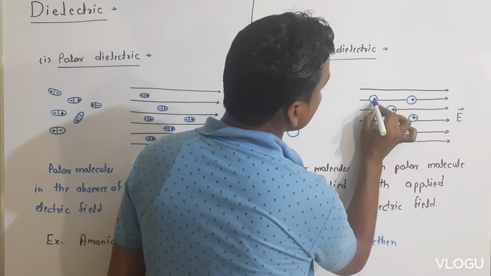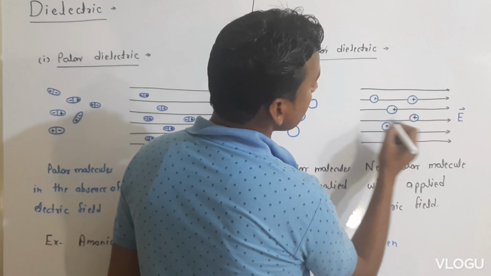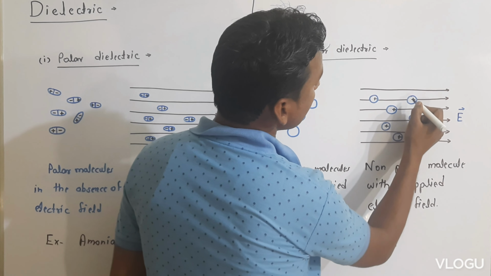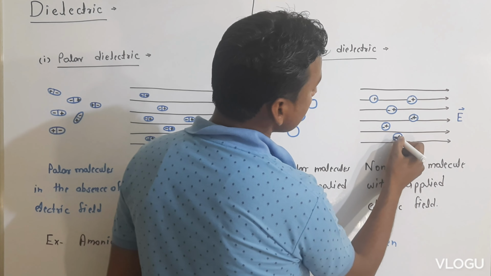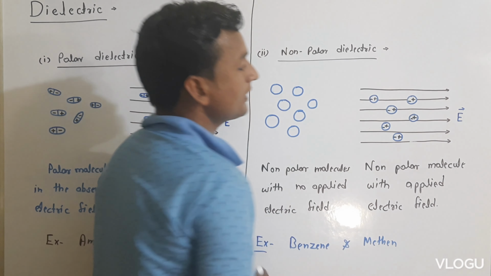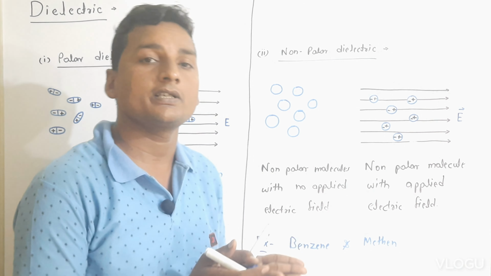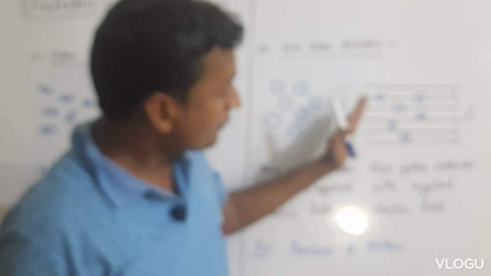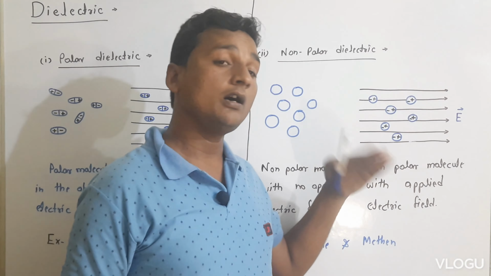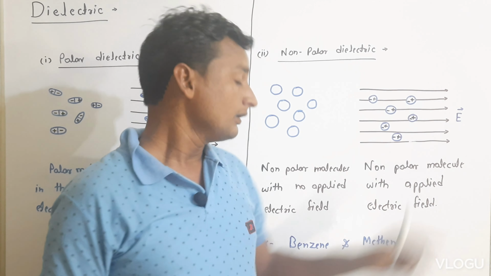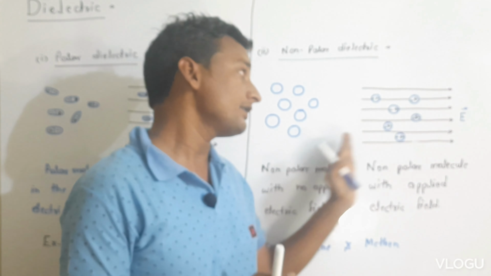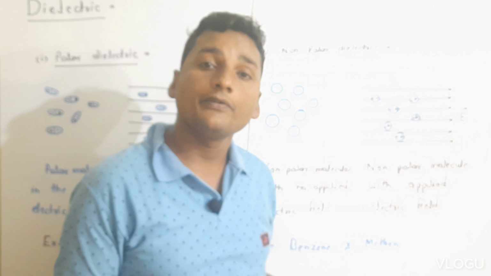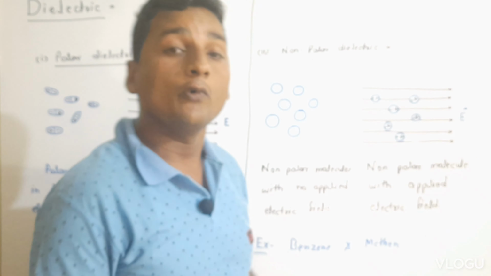Now we can see some separation between these two charges, while in the first case there is no separation, meaning they coincide. As the positive and negative centers are now separated, a net dipole moment is produced, and this is called the induced dipole moment.